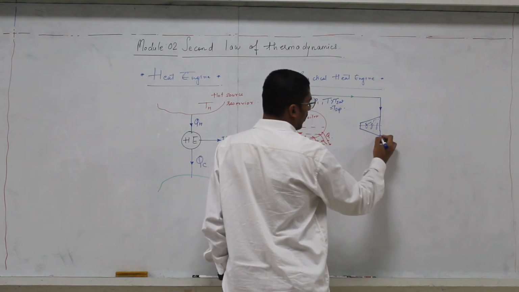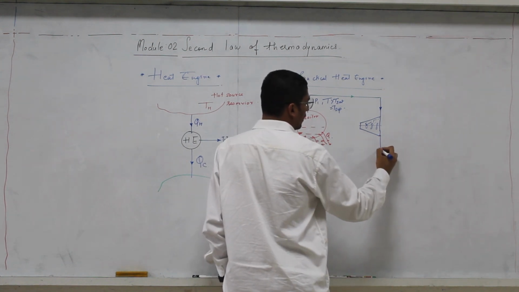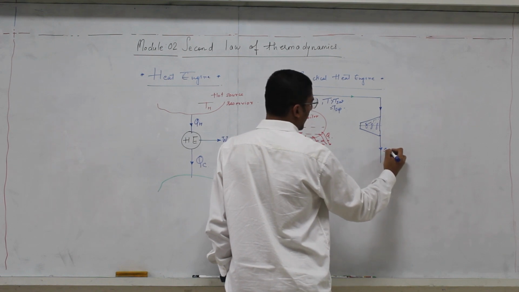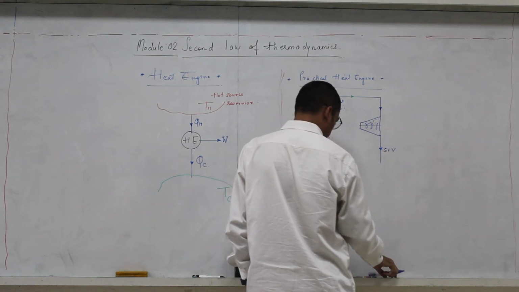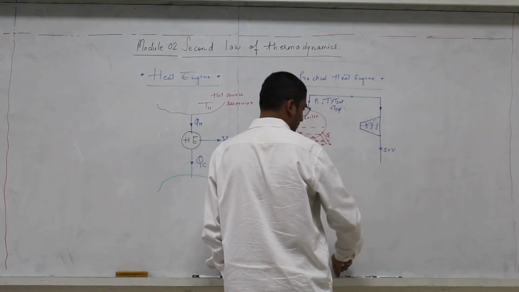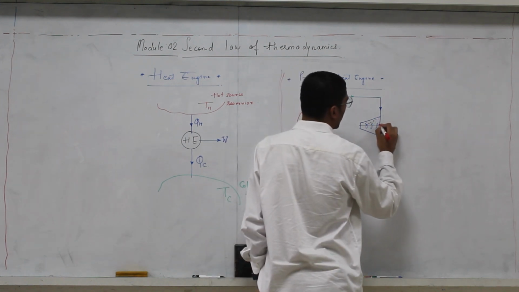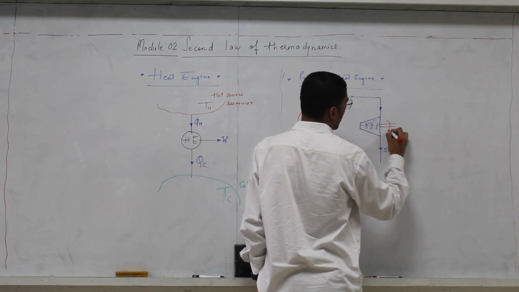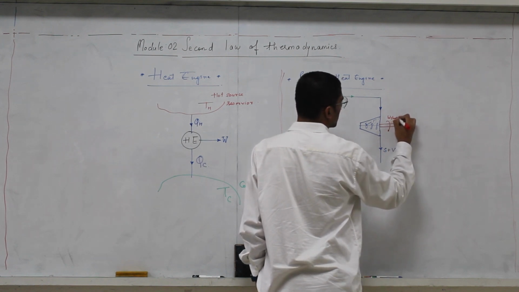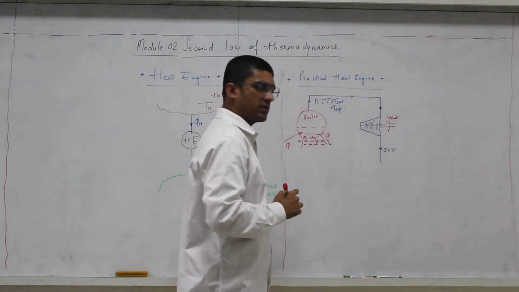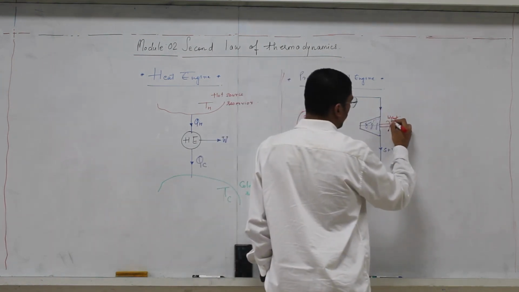What you get out is again some steam, and some water vapor also. Based on this rotation, you get mechanical energy as output, that is W of the shaft.